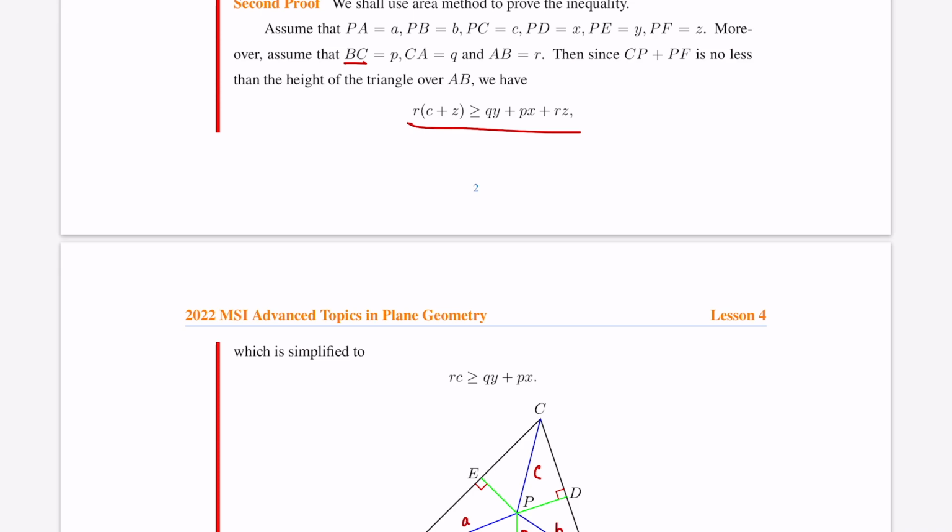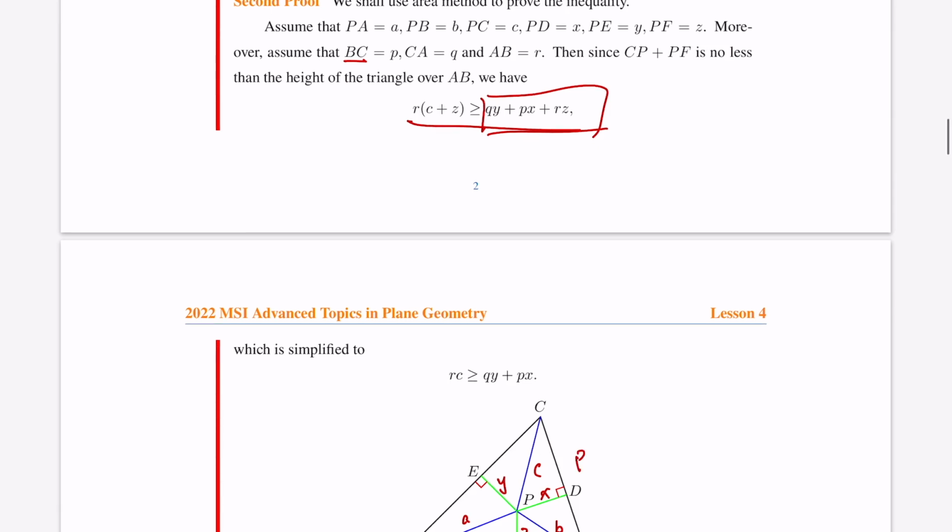Okay, so that's enough. So the right-hand side, you would see q times y. So this is r, this is p, this is q. q times y would be equal to twice the triangle PAC area.